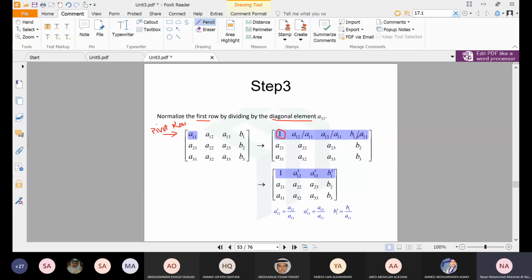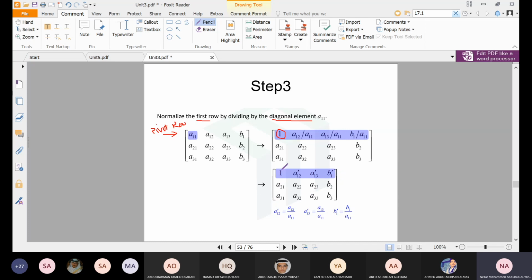After we do this, we have changed these coefficients. The first will become 1, and the others change, for example, to A12 prime, A13 prime, and B1 prime. This is the coefficient that we have.